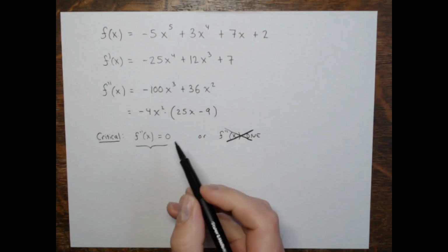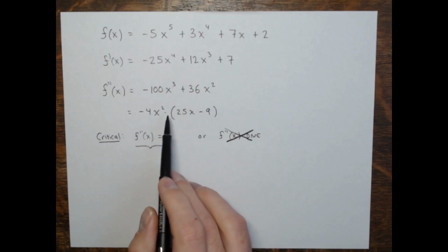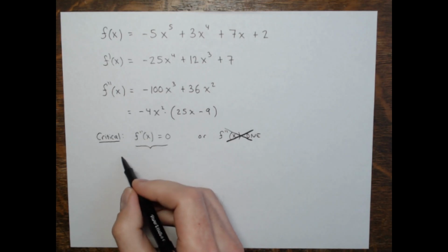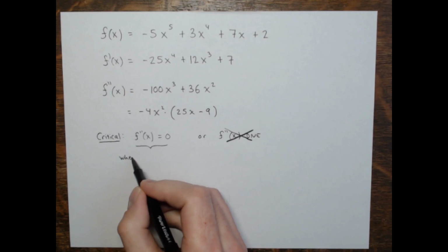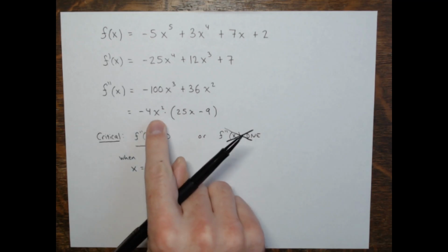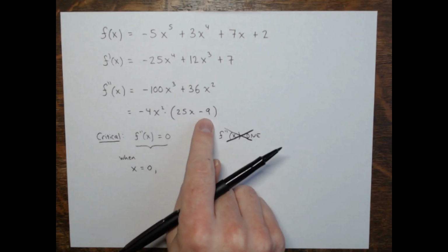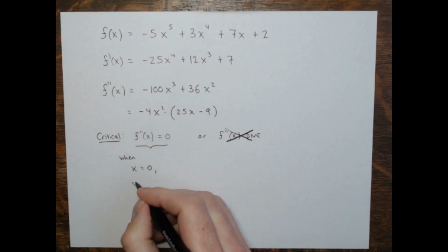All right, so you can probably tell, I'm not going to write this again. This is going to be 0 if you look at factored form when x equals 0, that'll make the x squared factor 0. And then x equals 9/25.